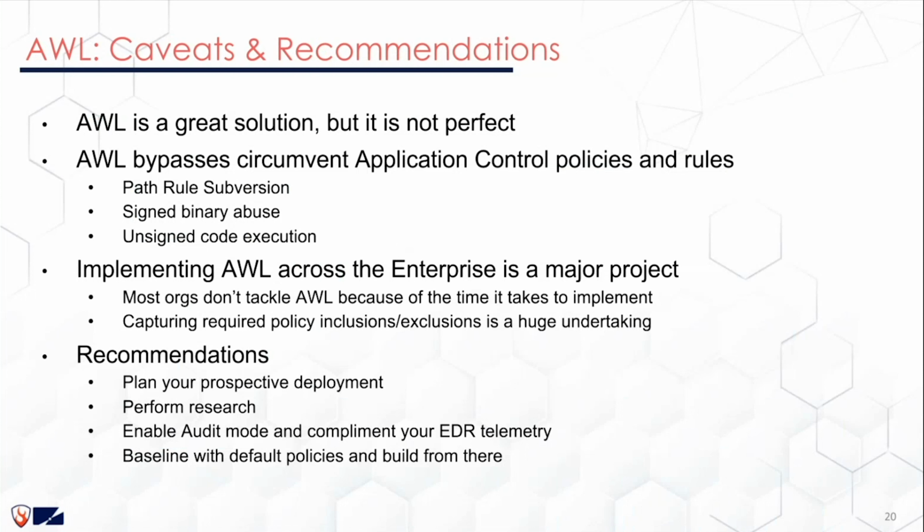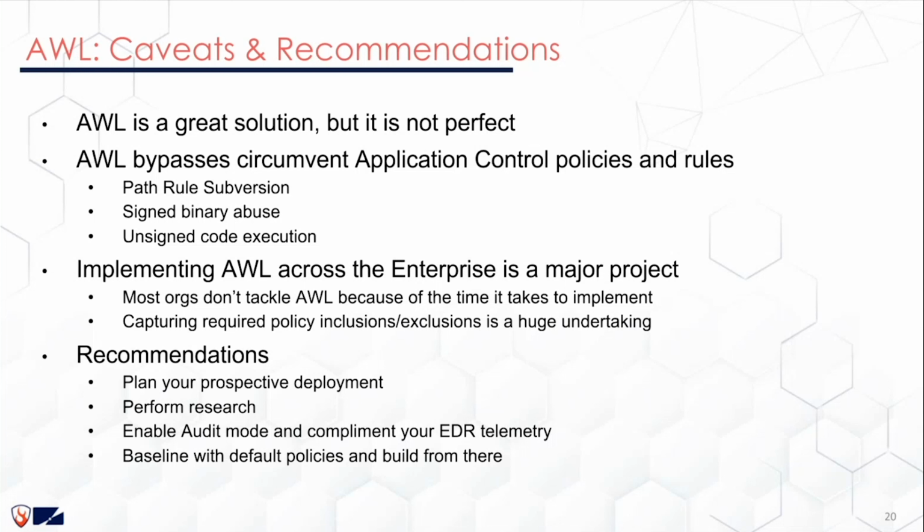So a couple of things to consider before going down this journey of implementing application whitelisting. I want to say that it is a great solution because it really can be effective and it can work. But it isn't perfect. There are some bypasses.